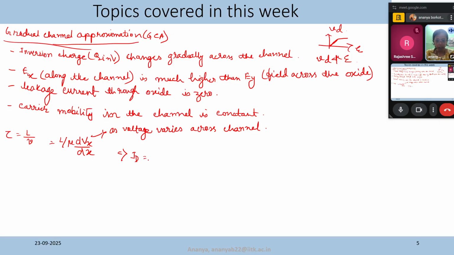We get the same expression, that is mu Cox W by L into VGS minus VT into VDS minus VDS square by 2, okay?